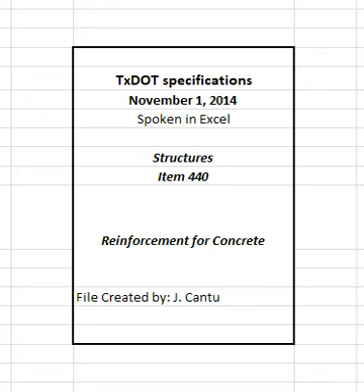Precede the size number for deformed wire with D and for smooth wire with W. Designate WWR as shown in the following example: 6 × 12, W16 × W8, indicating 6 inches longitudinal wire spacing and 12 inches transverse wire spacing with smooth number 16 wire longitudinally and smooth number 8 wire transversely.